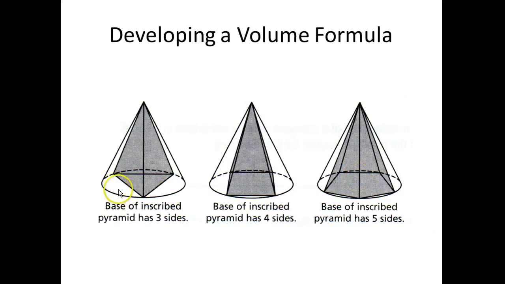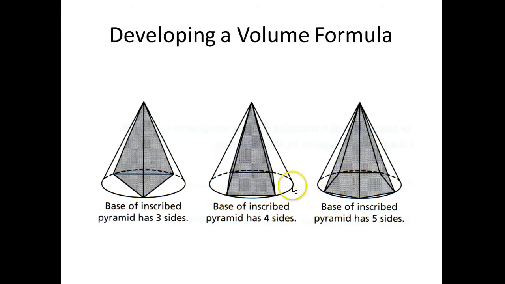So the strategy is to inscribe pyramids inside of the cone. We're going to gradually let the number of sides of the bases of these pyramids increase, and you should convince yourself that as the number of sides of the base increases, the volume of the pyramid is going to get closer and closer to the volume of the cone.